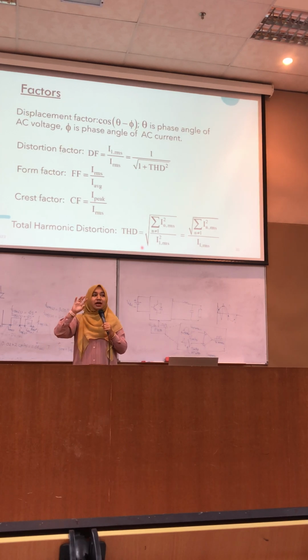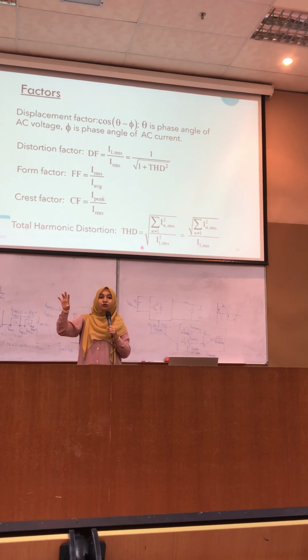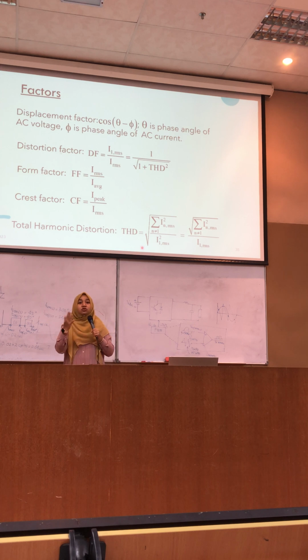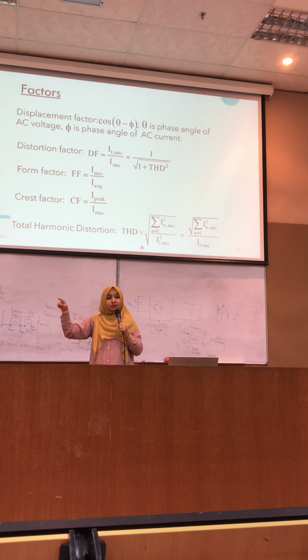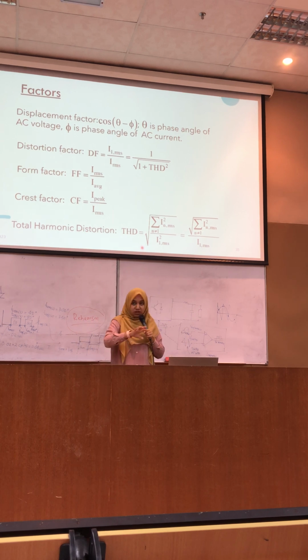You can expect that when you see the waveform, it will be a bit distorted because the percentage is quite big. And if the THD is, let's say, 5%, you will expect the waveform to be smoother, closer to an AC signal. That is how we look at the value of the THD and reflect back to the waveform.